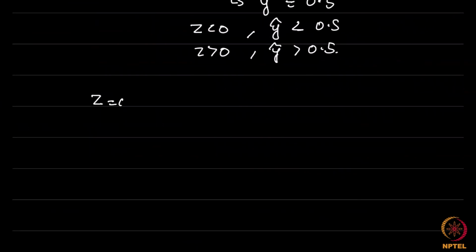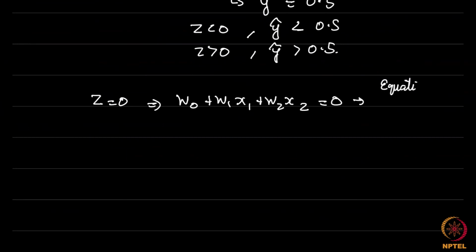So z equal to 0 means W0 plus W1 x1 plus W2 x2 equal to 0. This, of course, is the equation of a line in 2D. Why so? It might become clearer if I label these somewhat differently. Suppose I call this C plus A x1 plus B x2 equal to 0.